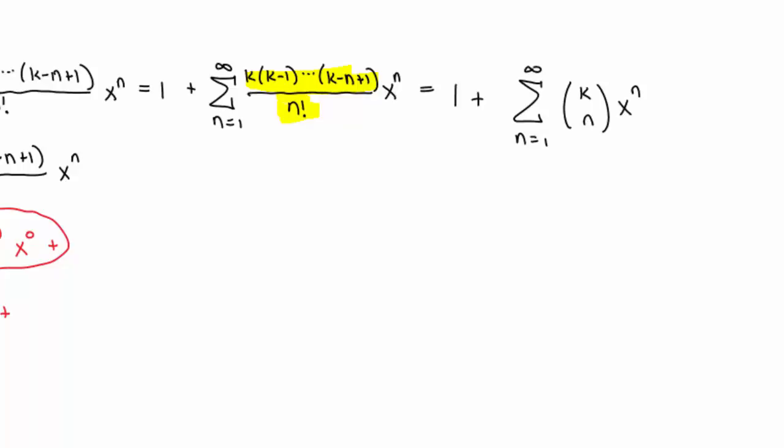And in fact, the choose notation for integers at least is a little bit better to work with, because k choose 0 is defined to be 1. So if you use this notation, then you could say this is the same thing as the summation n equals 0 to infinity of k choose n, x to the n.